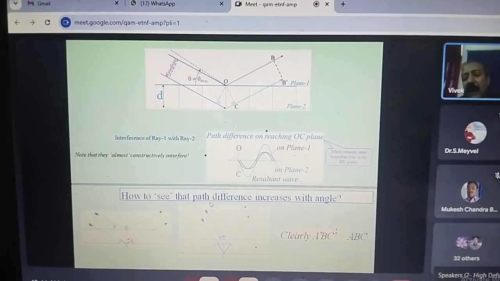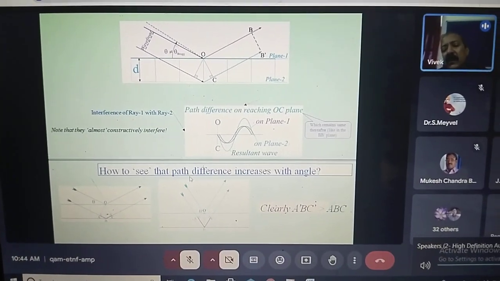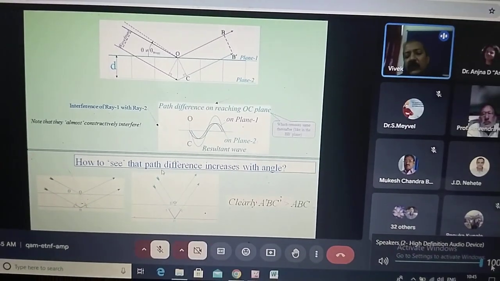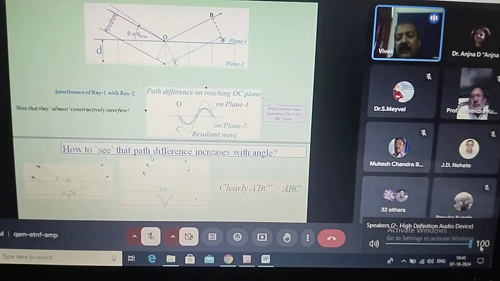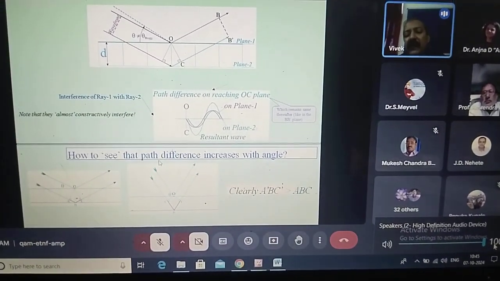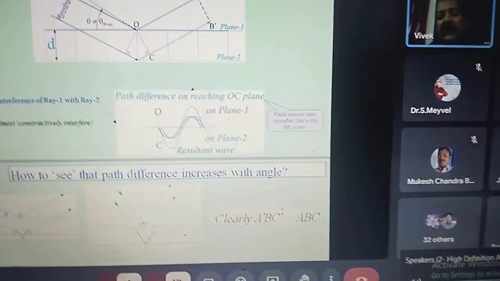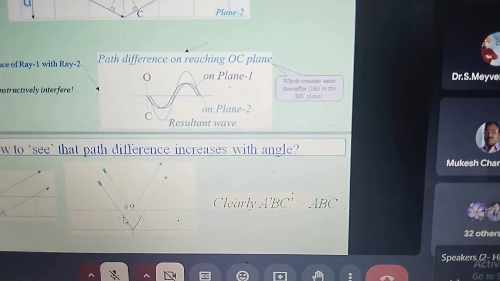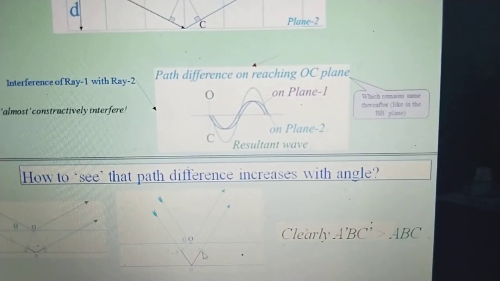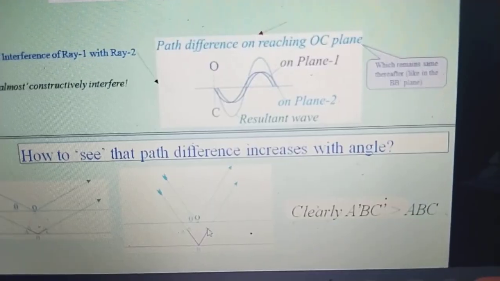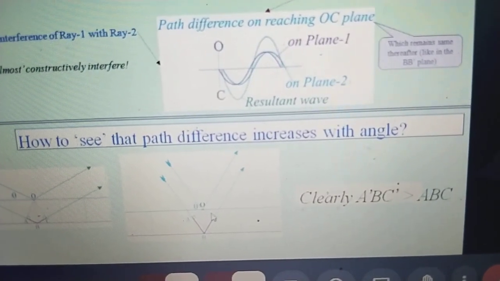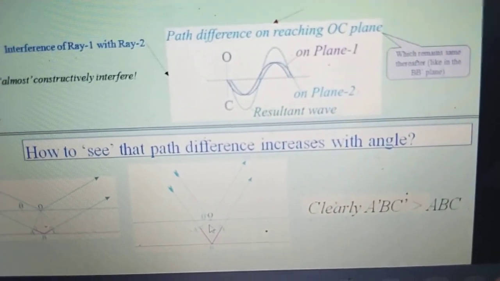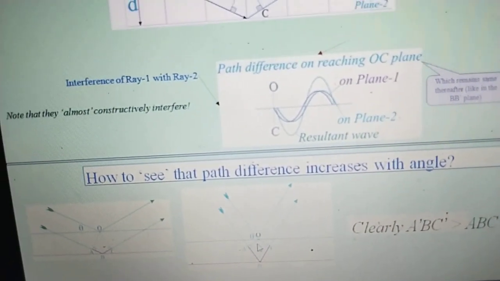Sometimes you ask the student, or in a NET question, if you increase the incident angle, what will happen? There are 4 options. Your path difference will decrease, it will remain the same, or it will increase. The student may understand with the figure. If your theta is increasing, then your path difference will increase. Similarly, questions come in NET and interviews. If the student has done this well, 4-5 questions of NET level and interview level will come from this.